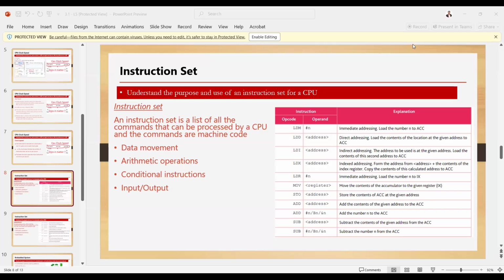For example, if I say that we are going to have our computer class from 6 till 7, then 6 till 7 is the time, and the address is going to be the Zoom link. And what is the action that is going to be performed? The action is that I'm going to take a class.